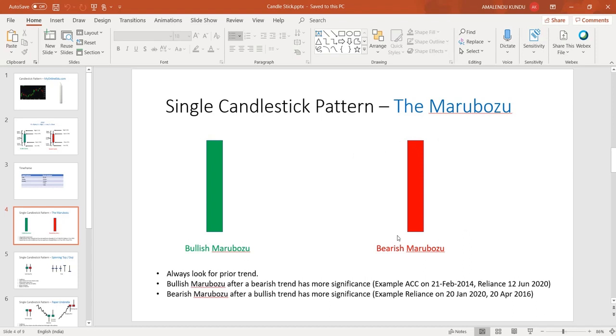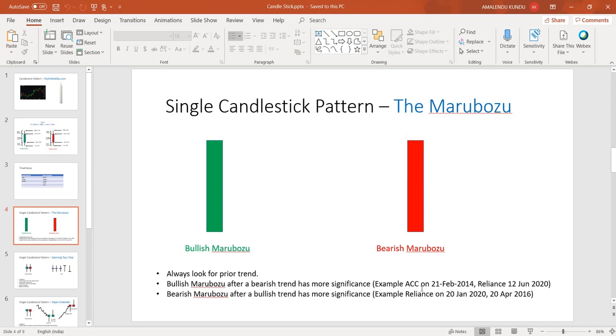And similarly, if a bearish Marubozu appears after a nice uptrend, then you can predict that maybe the price can go down. So always look for the prior trend. A bullish Marubozu after a downtrend and a bearish Marubozu after an uptrend is important.